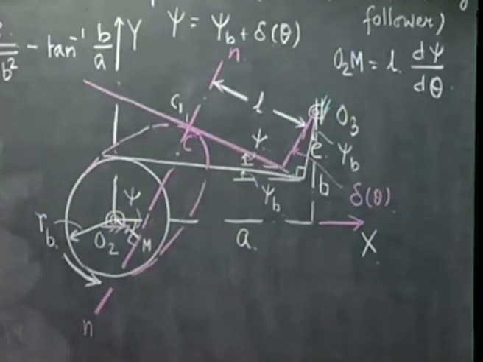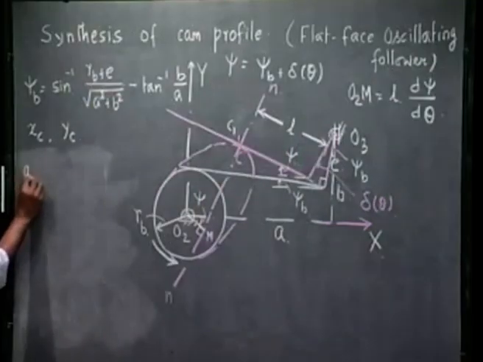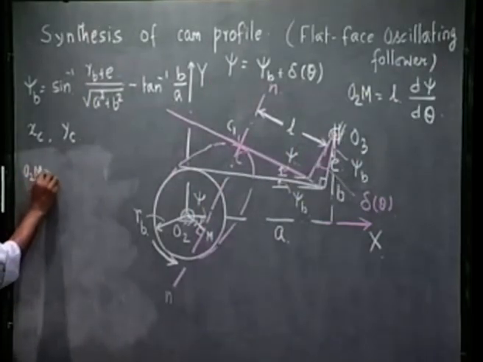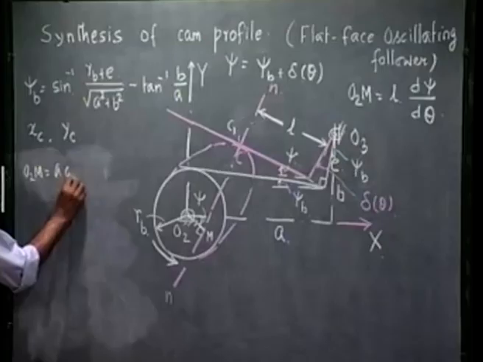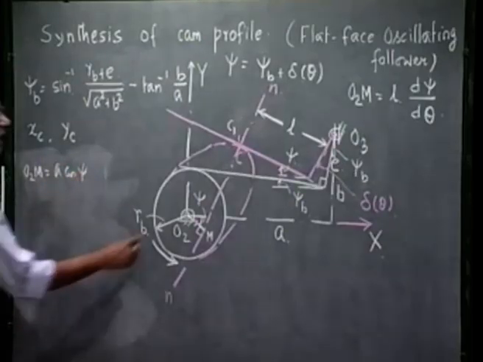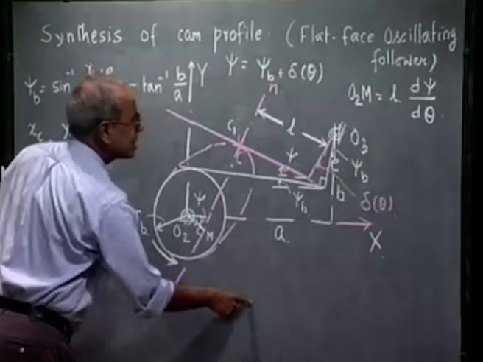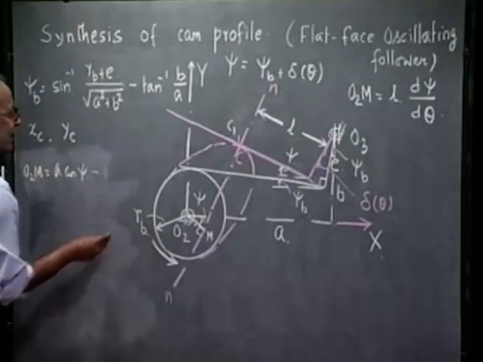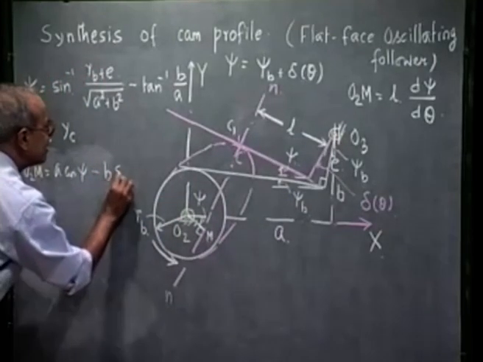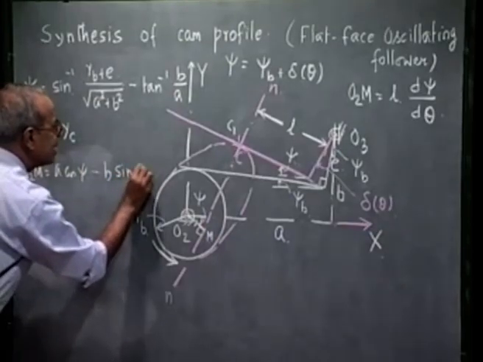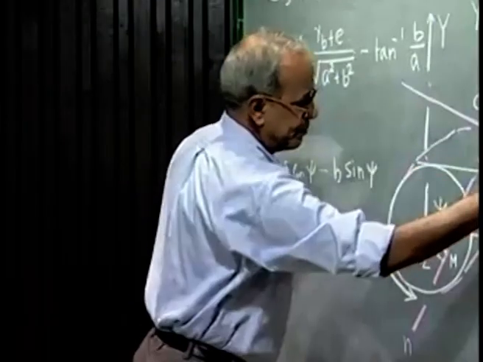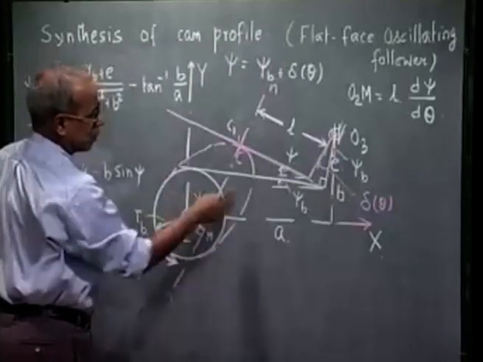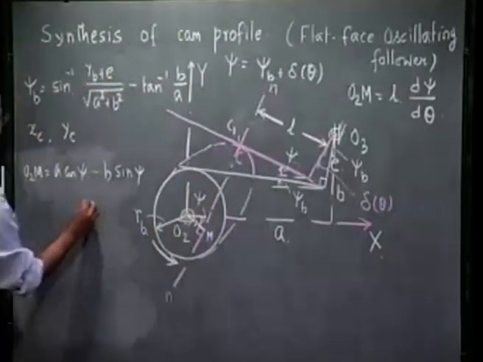So, I can write O2m is A cos psi minus B sin psi. E is perpendicular to m, so there is no component, and then minus L.